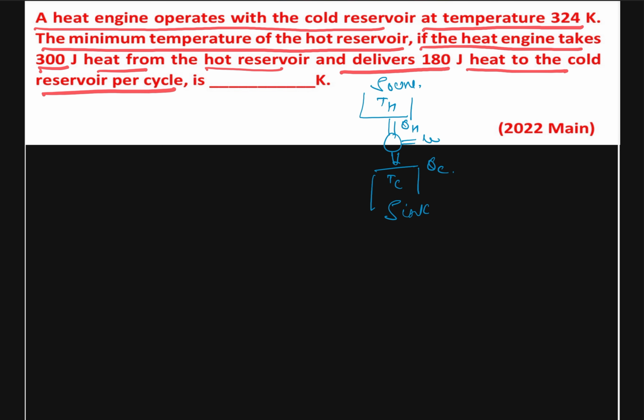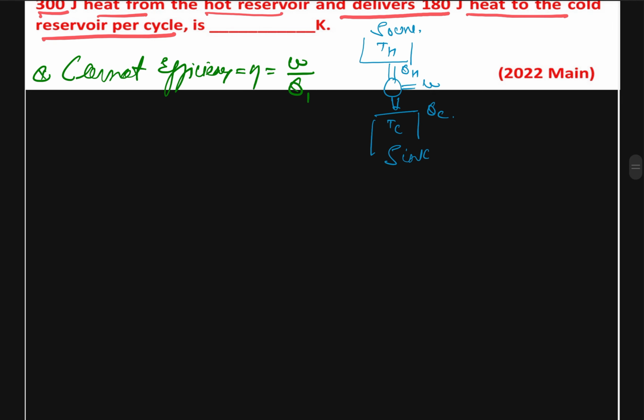So efficiency we know we can write in terms of hot and cold as well as in terms of work done. Here we are interested in work done. Therefore we can say that our efficiency, that is eta, is equal to work done upon Q1. And work done will be the difference in both heats.